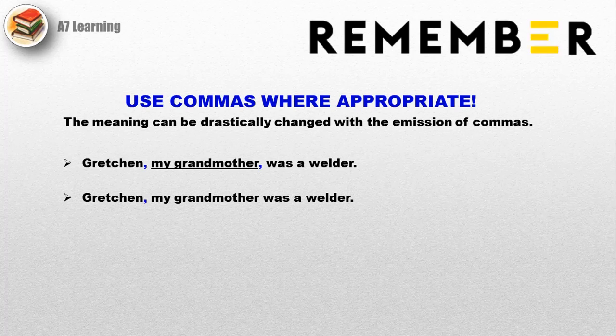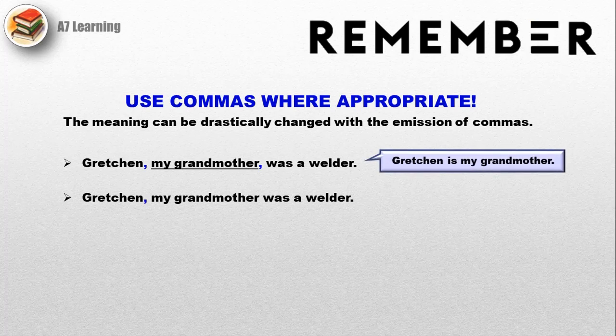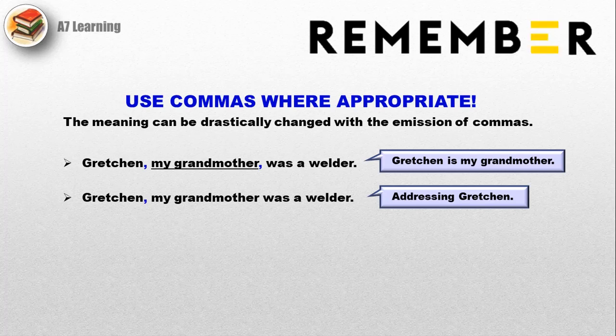However, in the second sentence here, Gretchen, my grandmother was a welder. That one's a little bit different because it seems that we are now addressing Gretchen and explaining to her that my grandmother was a welder, whereas before, in the first example, Gretchen is my grandmother in that one. But all of that happens just by omitting one simple comma.